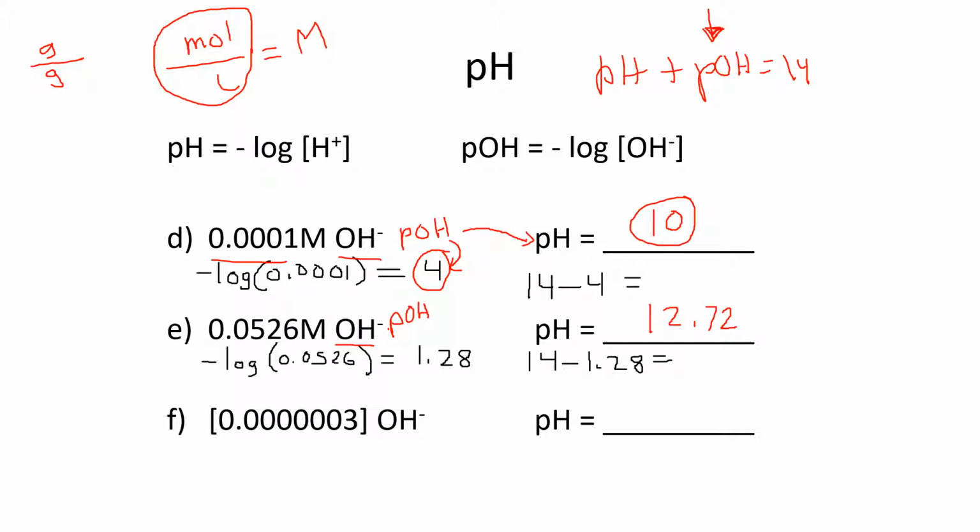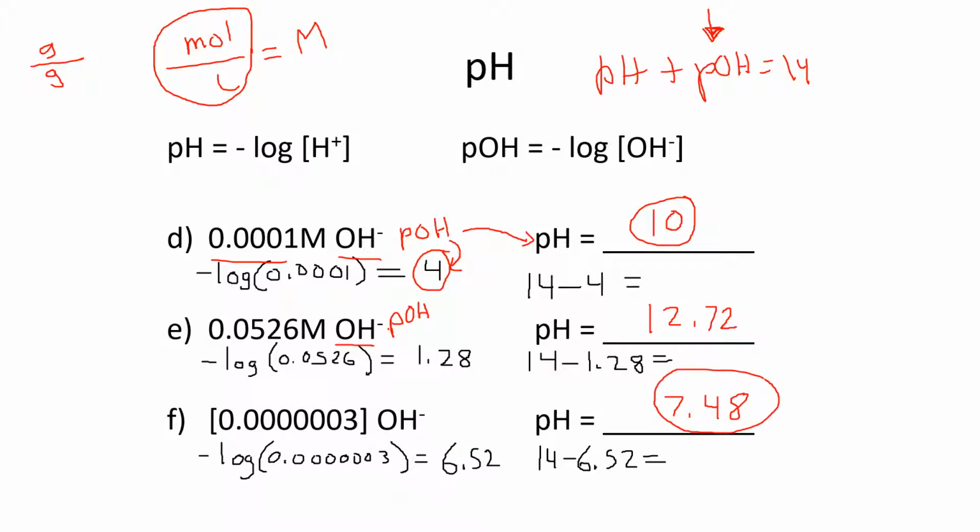So pOH is 6.52. pH is 7.48. So for the homework yesterday, because we didn't go over this for yesterday's assignment, a few of you forgot to go to pH. You found pOH, but you forgot that last step.